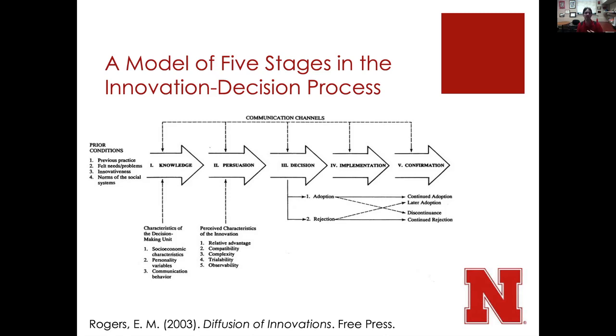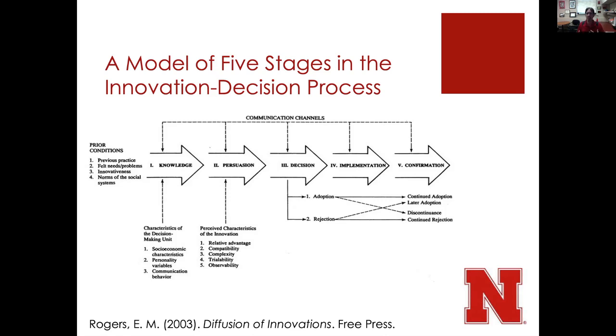Now, if you look at this model, you can see that a group could adopt the innovation and then quit using the innovation and reject it later, or they can initially reject the innovation and adopt it at a later time. But after they make a decision, they have to actually implement the innovation in their life, in the workplace, in their community, in their organization.